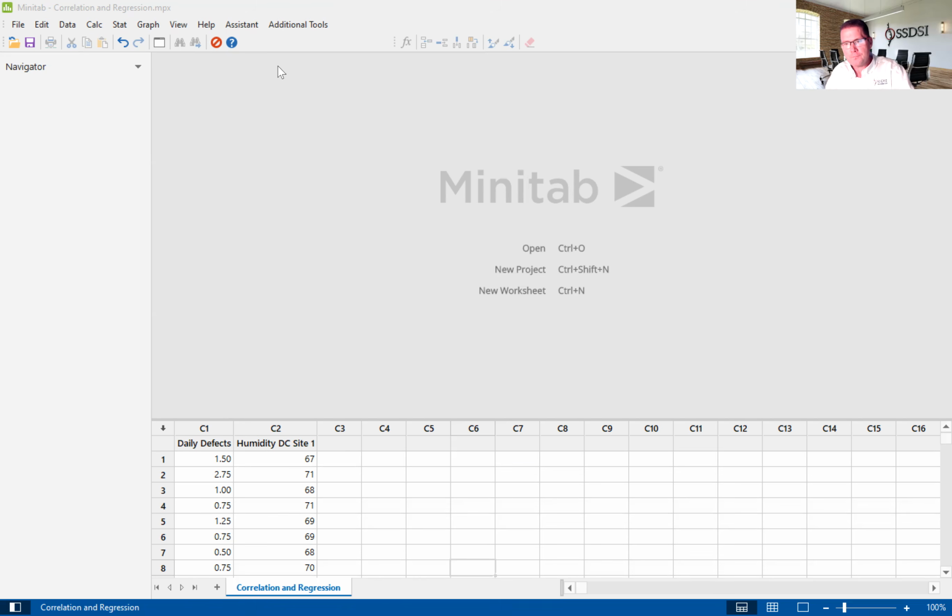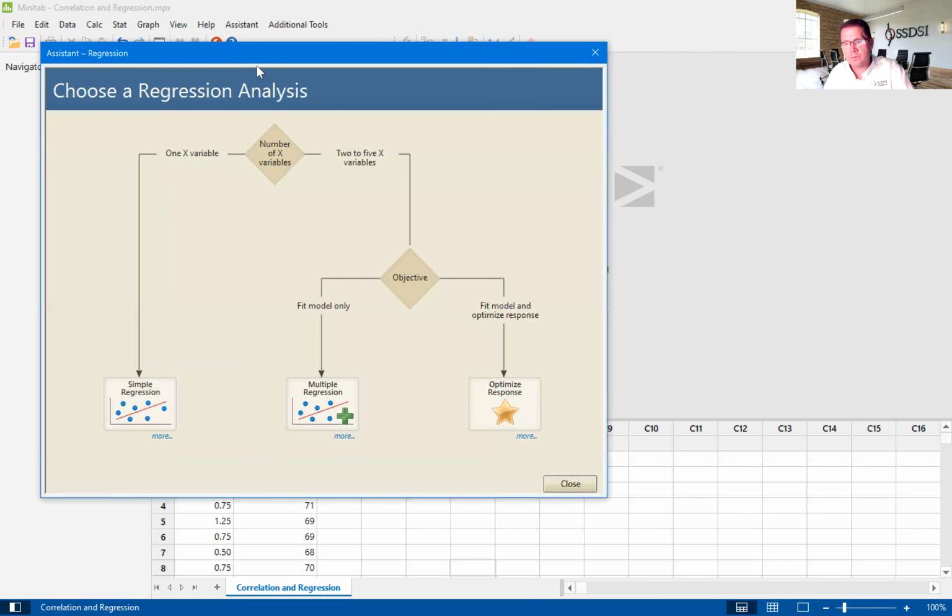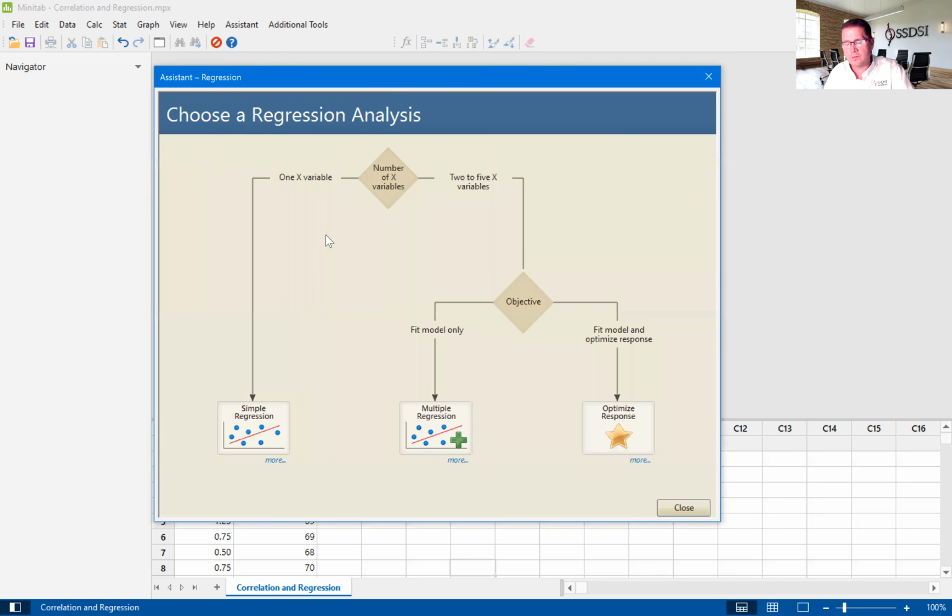So we are going to use the assistant in Minitab version 20. The assistant makes it really easy to do a statistical analysis. It makes it a lot more simple to put in the information and also get a result.